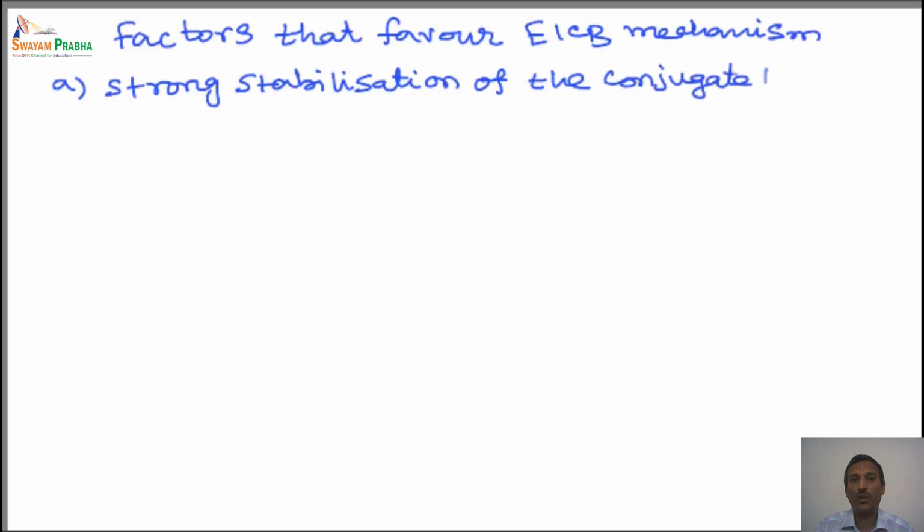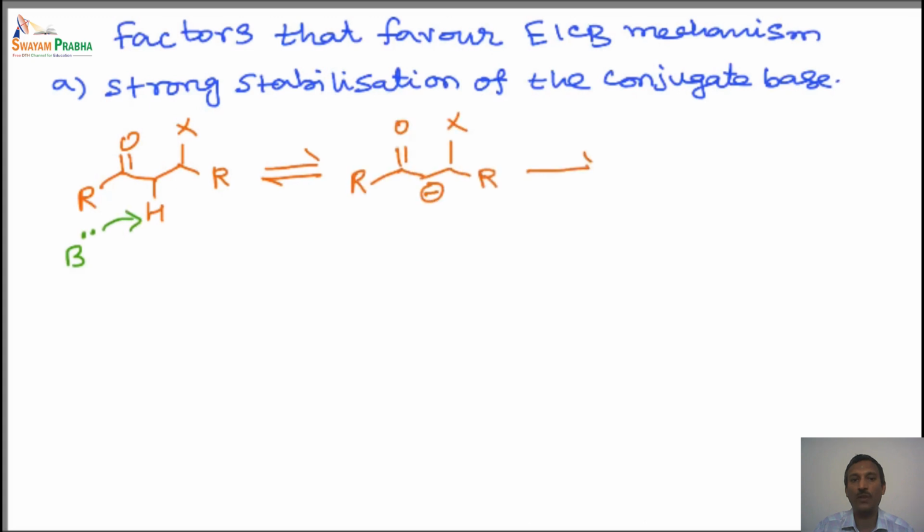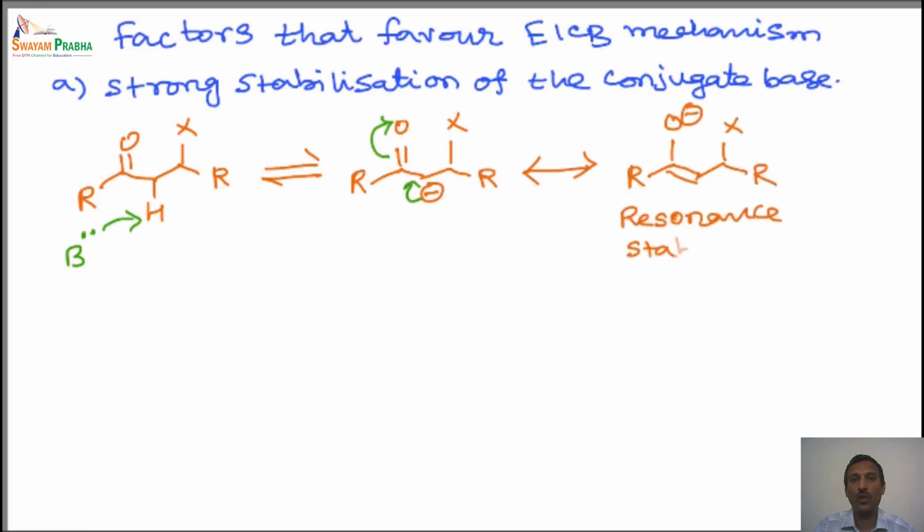One is strong stabilization of the conjugate base, which is very essential for this reaction. Let us take an example of a keto halide shown here. The base abstracts a proton from the beta carbon atom, and that produces an anion.